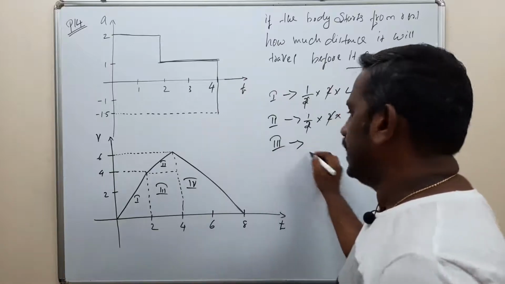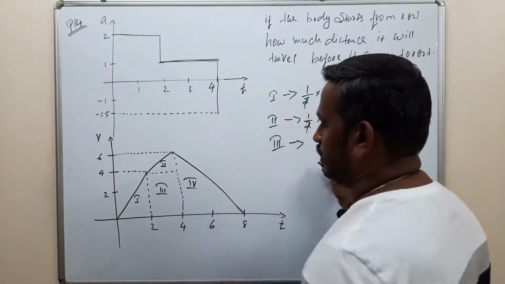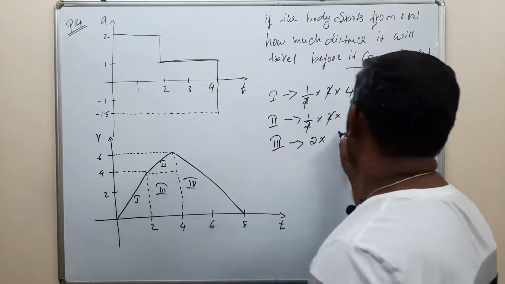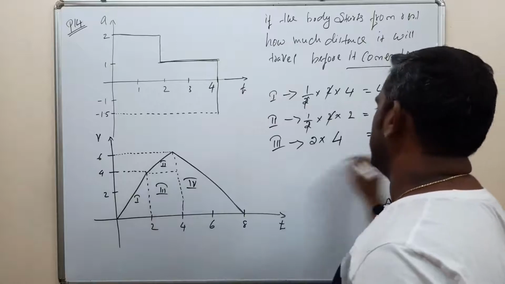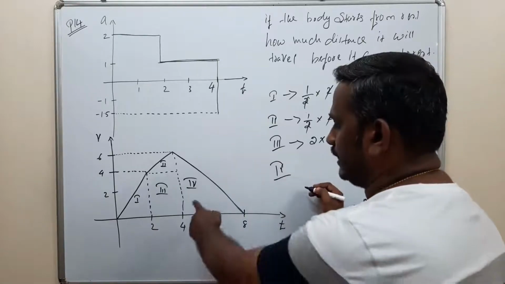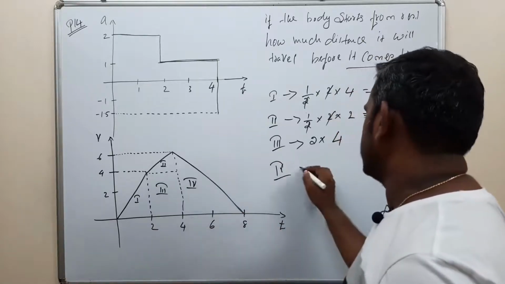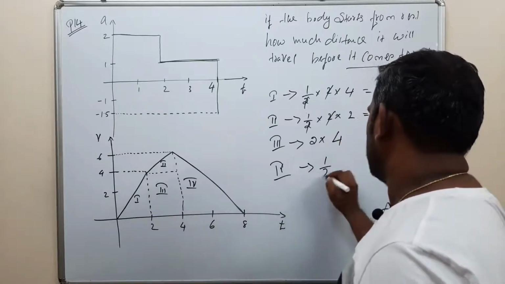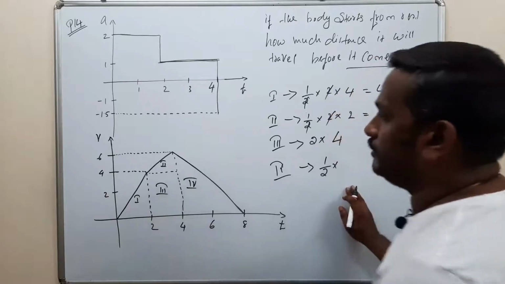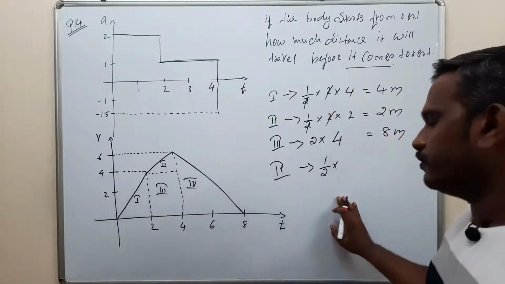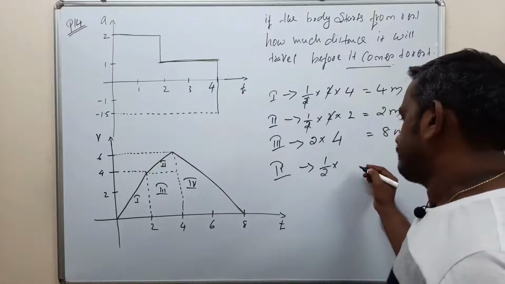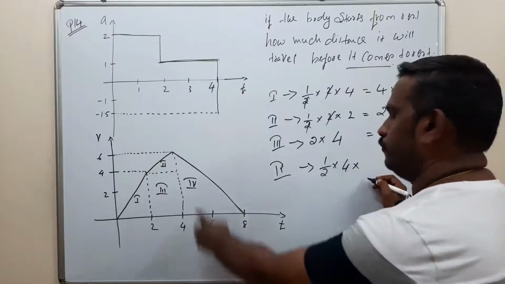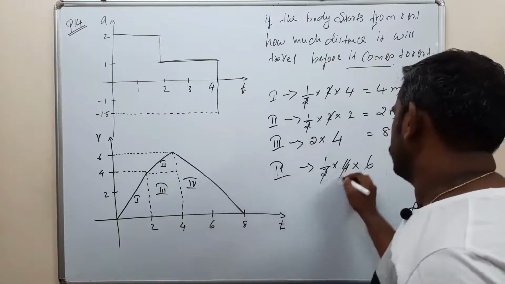Third, the rectangle: 2 into 4, so that's equal to 8 meter. Then again the fourth triangle, from 4 to 8: half into 4 into 6, so 2 gets cancelled.